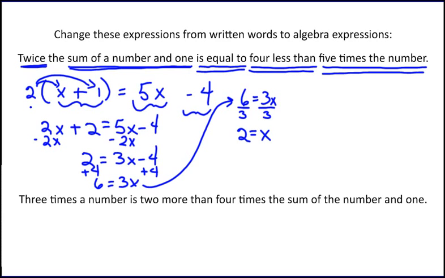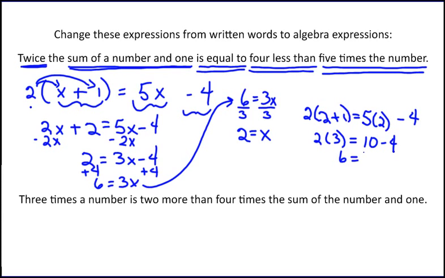Twice the sum of the number 2 and 1 is equal to 4 less than 5 times the number, which we have decided is 2. This means 2 times 3. Does that equal 10 minus 4?